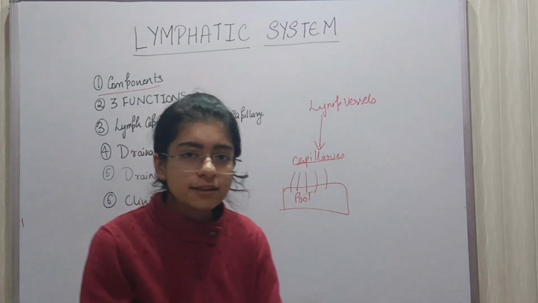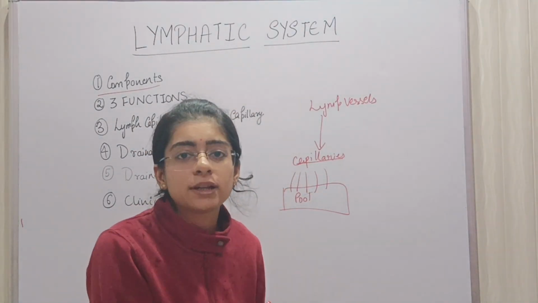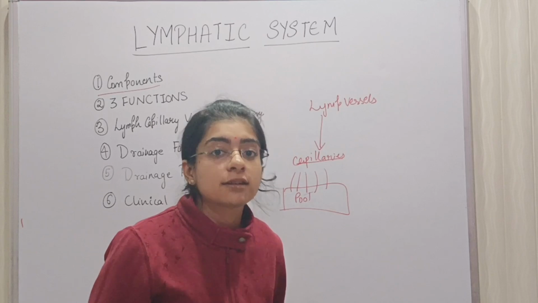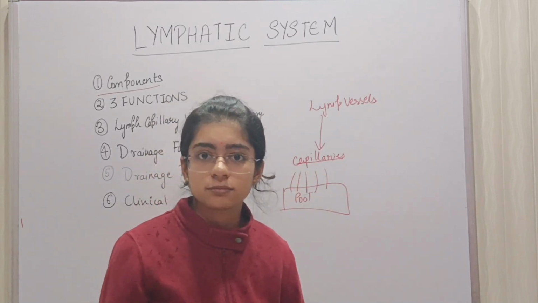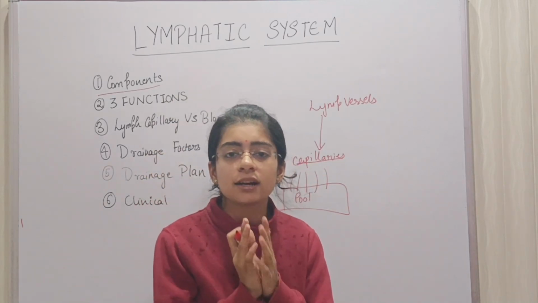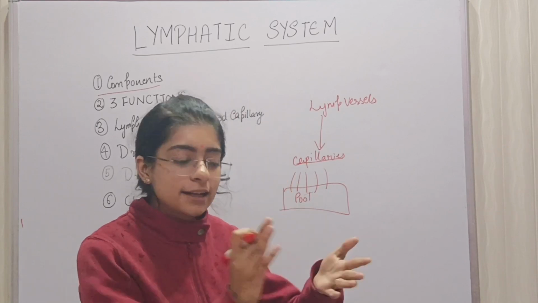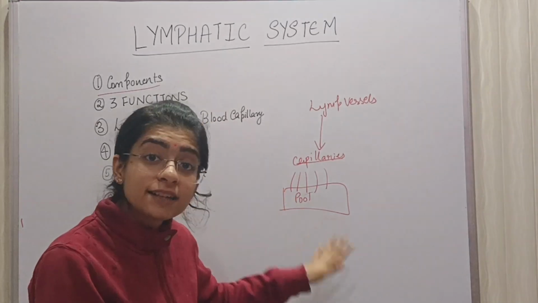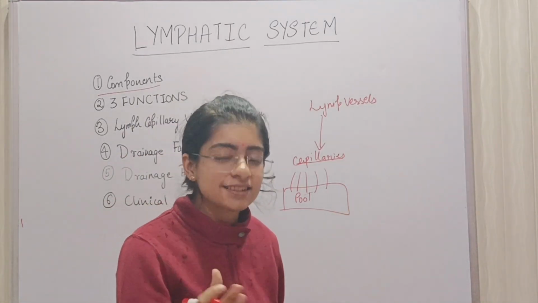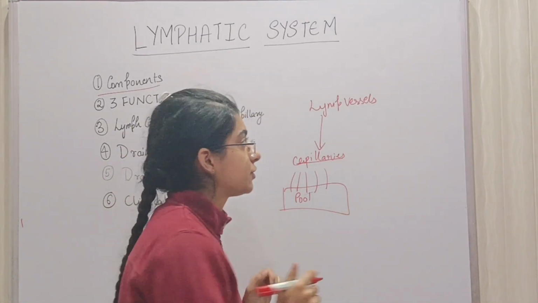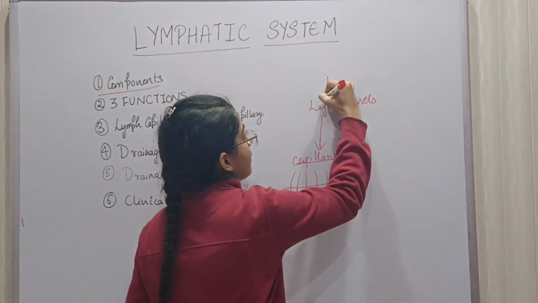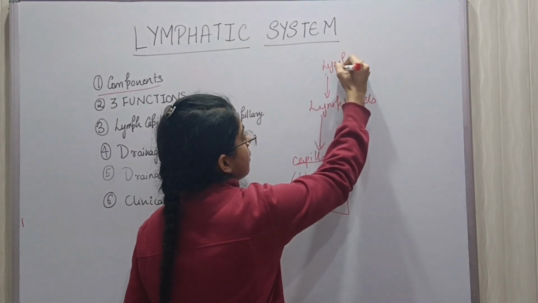And from lymphatic vessels I have some checkpoints where I have to check that the fluid is free of bacteria, free of any virus or protozoan or fungi. I have to check at multiple checkpoints. These checkpoints are called, guess it, lymph nodes, right?